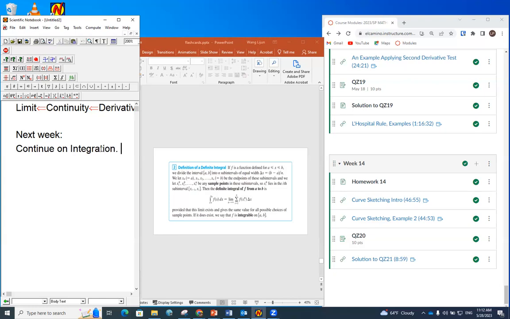We have talked about the fundamental theorem of calculus part 2, and we will be talking about the fundamental theorem of calculus part 1. We're also going to learn the technique of integration, which is substitution. So besides reviewing your material, you also have to keep up with what we are going to cover. The material on the final exam is everything from the beginning of the semester until the end of next week.